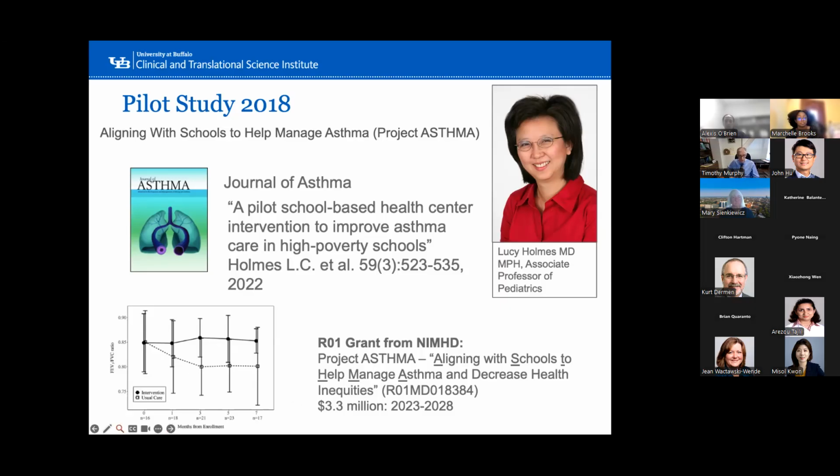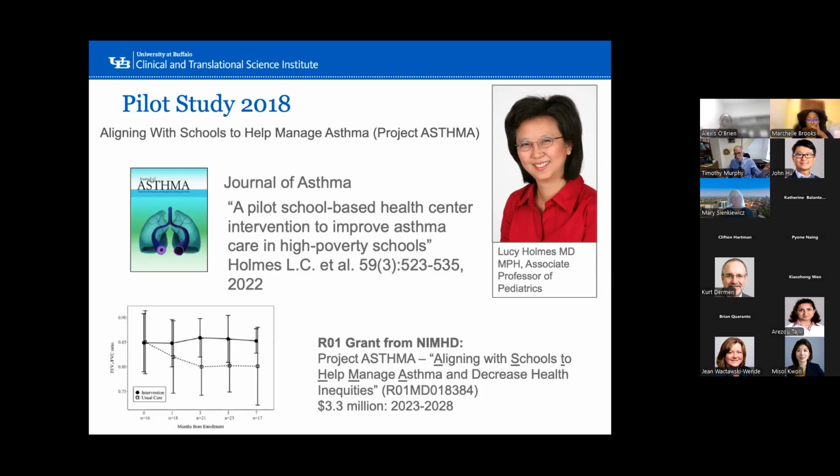enrolled something like 20 or 25 people and compared those who were managed in their asthma in the school-based health center in partnership with Dr. Holmes, who was kind of doing the managing and advising the health-based centers, compared to standard of care, which is referral to your primary care physician, and showed, in fact, it wasn't a clinical outcome, but it was a pulmonary function outcome.